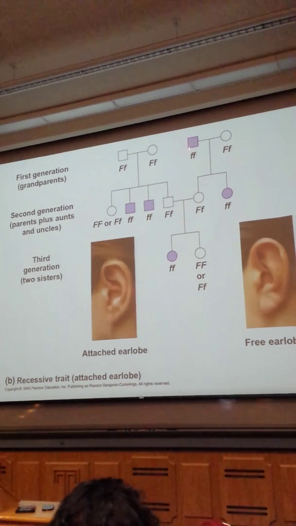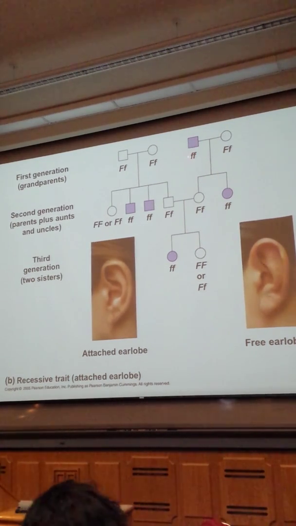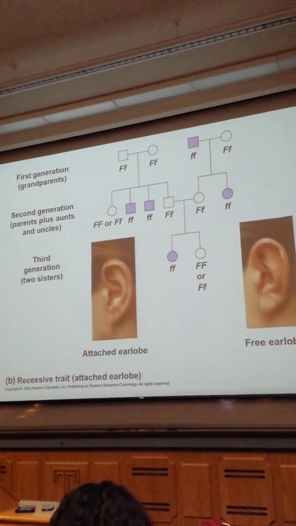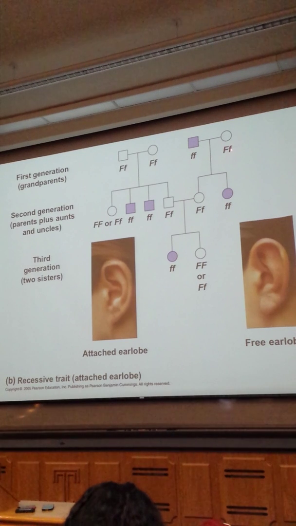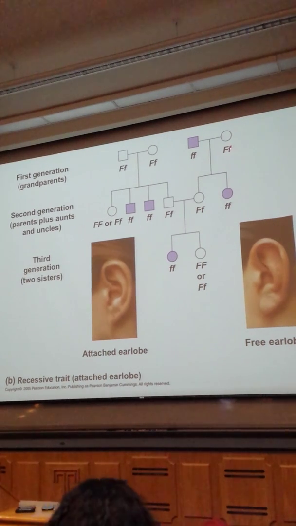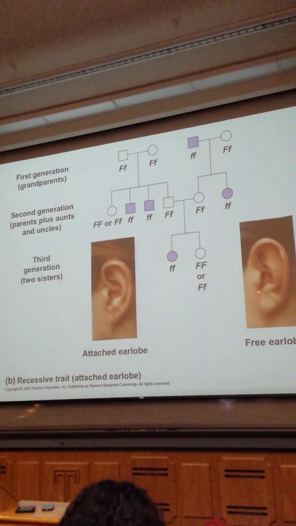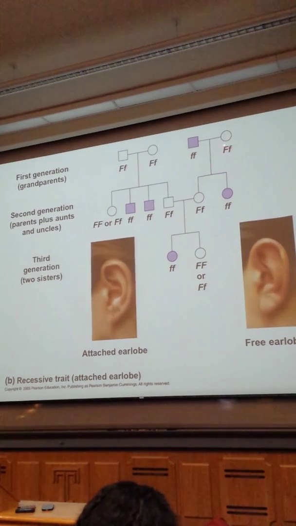He has the attached earlobe. He's homozygous recessive. The mom here, or the female, is heterozygous. She has an allele that encodes a free earlobe and an allele that encodes an attached one. But because her earlobe is free, this is the dominant phenotype. And this is the kind of result that you would get from matings.